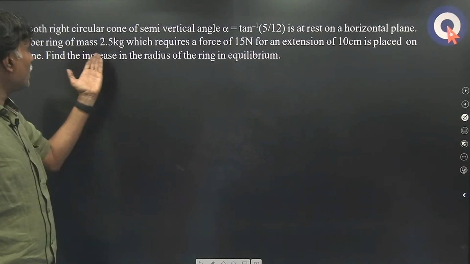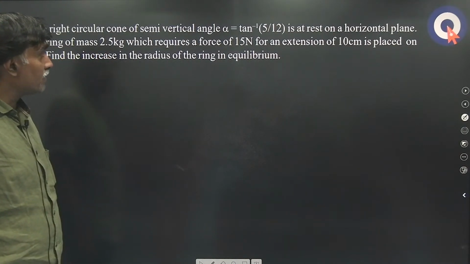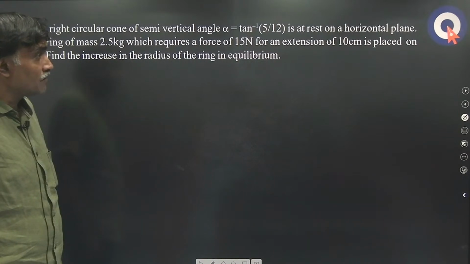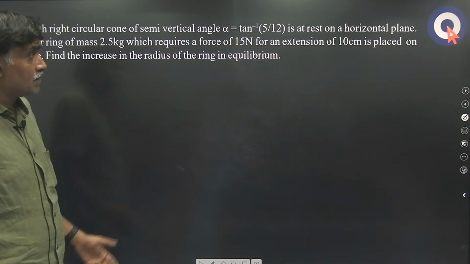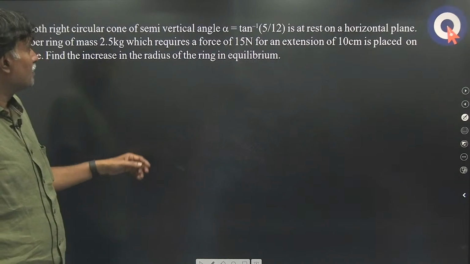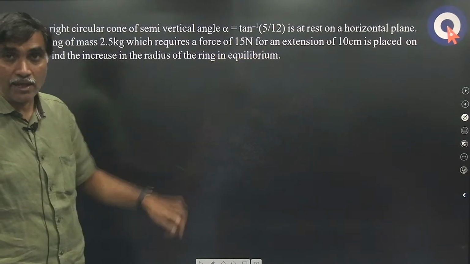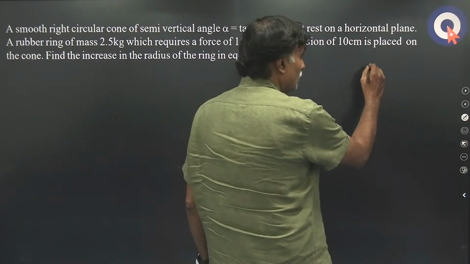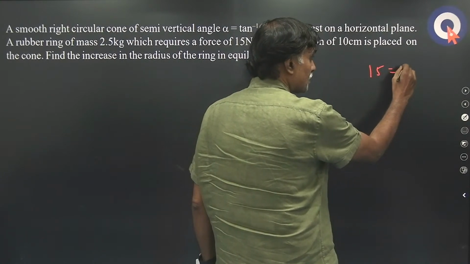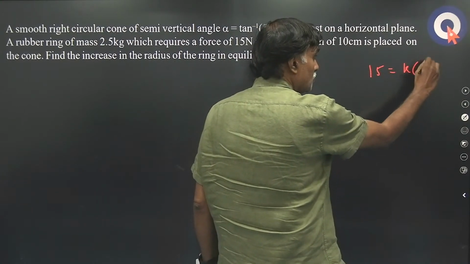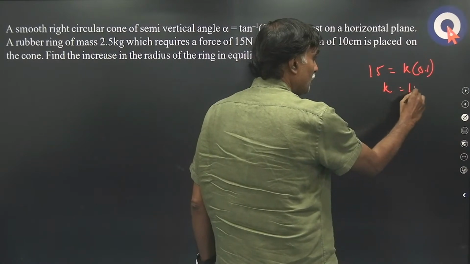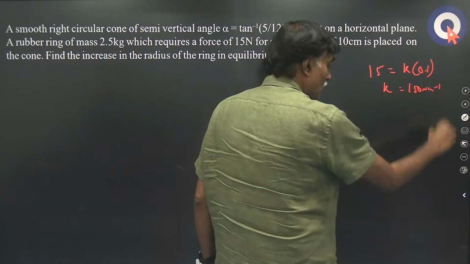Now a rubber ring of mass 2.5 kg which requires a force of 15 Newton for an extension of 10 centimeters, means what is the spring constant of that string? 15 equals kx, k into 0.1. So what is k? 150 Newton per meter. Okay.